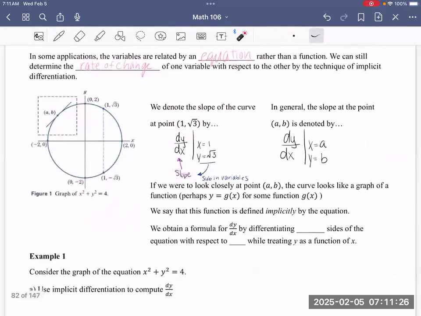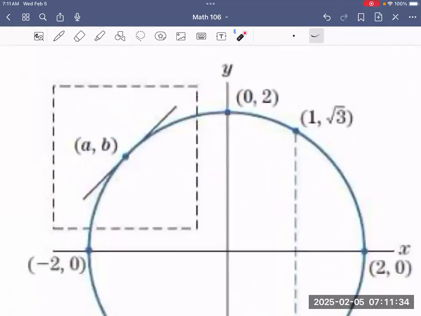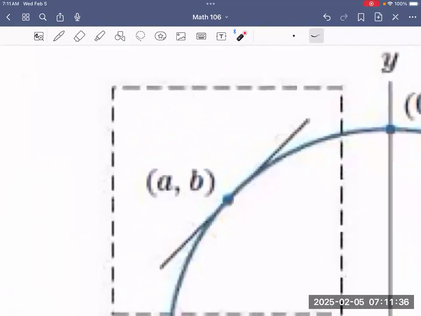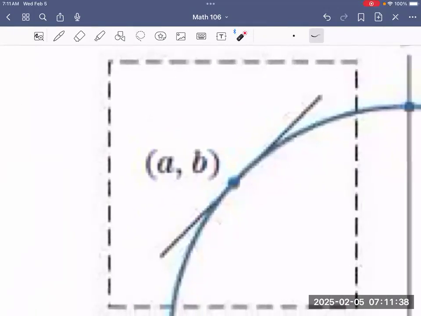Now, if we look closely at the point (a, b), the curve looks like a graph of a function. This is why we can still go ahead and take your derivative. Because if we zoom in, this curve looks somewhat like a function, and we can still determine the slope of that particular area. So we can say that this function is defined implicitly by the equation.